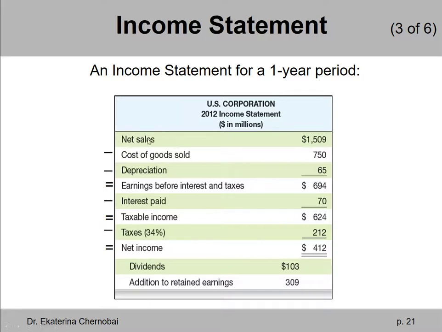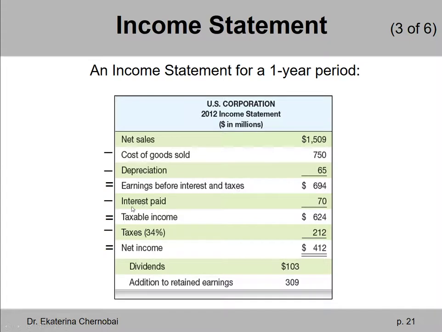So when we take this sales revenue and subtract the cost of goods sold, which includes things like paying money to suppliers, utility bills to produce our product that we are selling, paying wages to employees, and so on. When we subtract that, and then when we also subtract depreciation of the assets that were used for production, we get EBIT, which stands for earnings before interest and taxes.